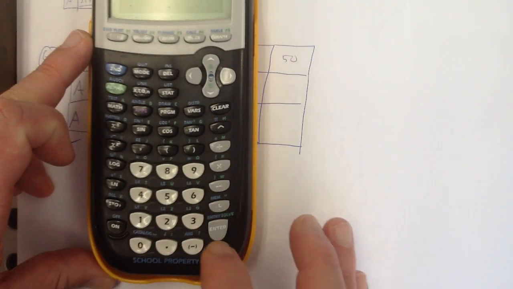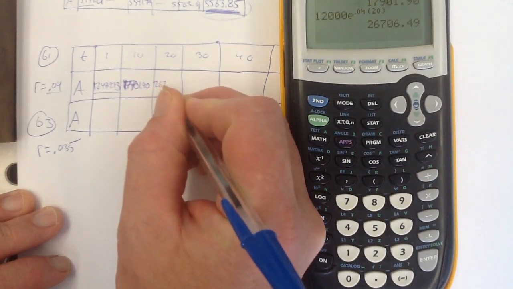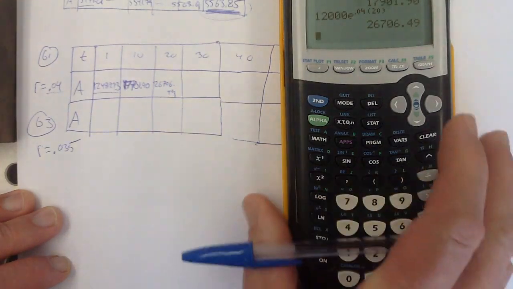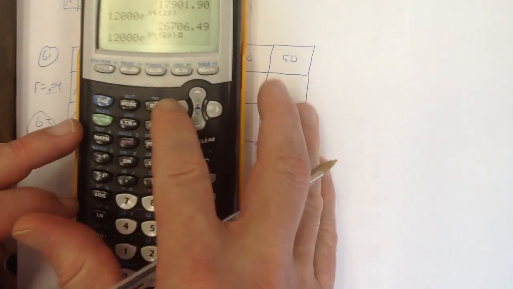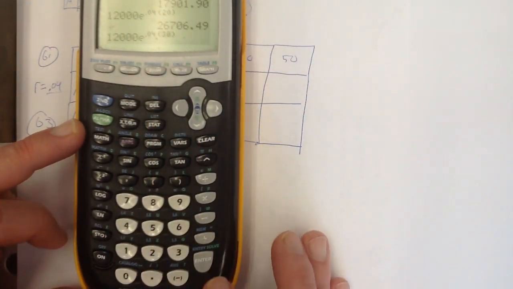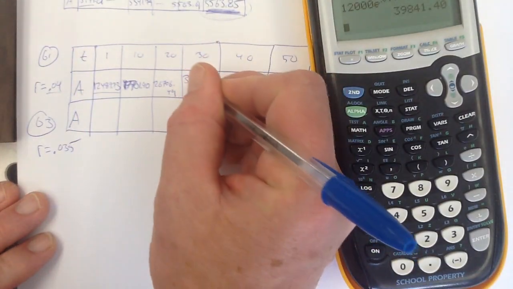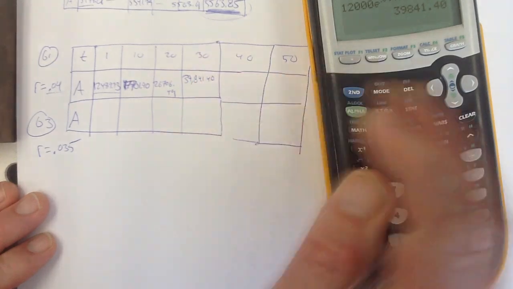Just going to change that to a 20. $26,706.49. How about 30 years? This is why you want to start investing when you're young. $39,841.40.